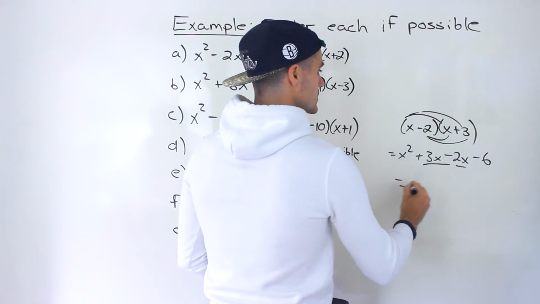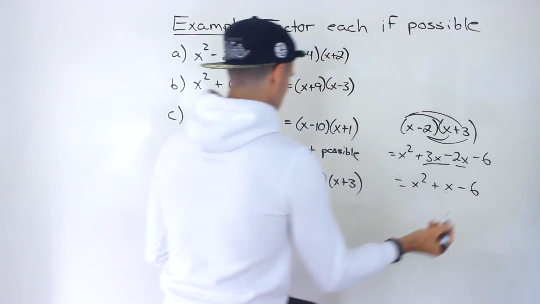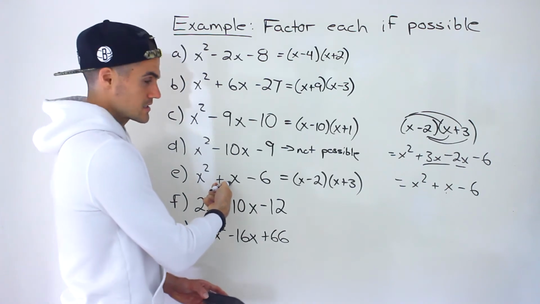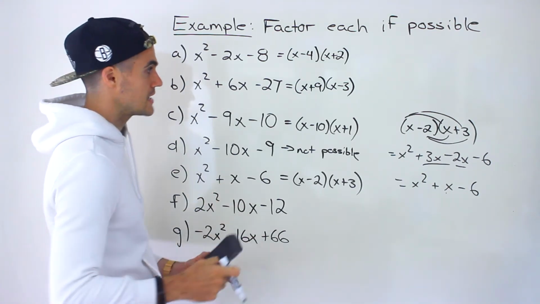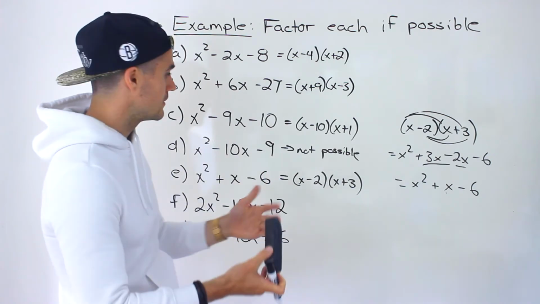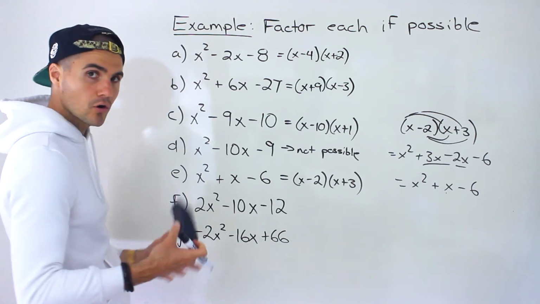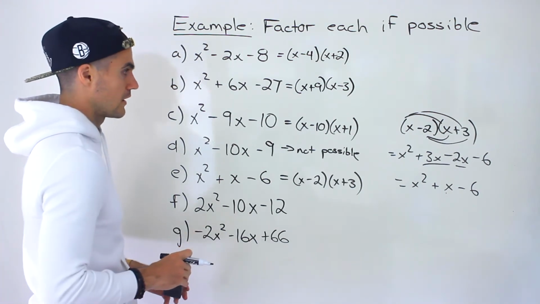These are like terms, and they combine into positive 1x. Notice that we end up with that same expression. If you have time on a test, I highly recommend expanding whatever factored form you get to make sure you get that original expression, just to be more confident with your answer.